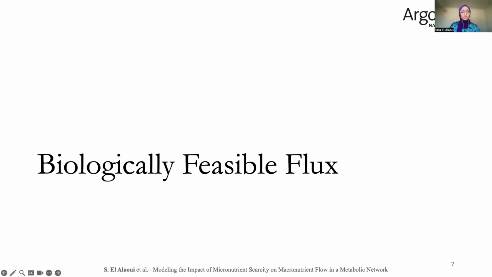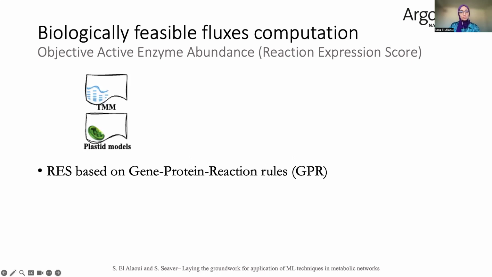So after we create the metabolic model, or the metabolic reconstruction, we want to integrate the dataset, the transcriptome, with this model. So what we do is compute what's called the biologically feasible fluxes. The first step in doing that is to compute reaction expression scores.